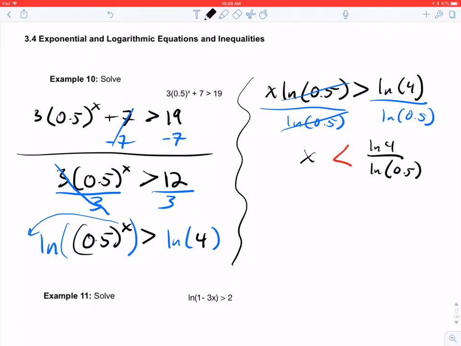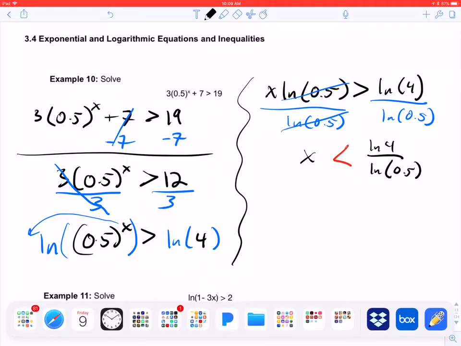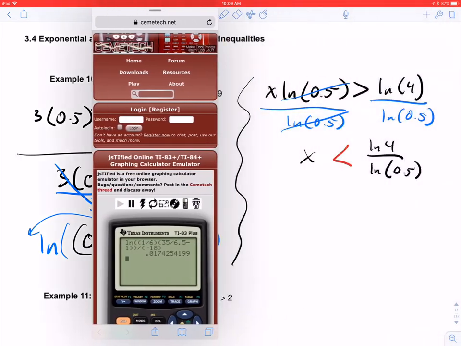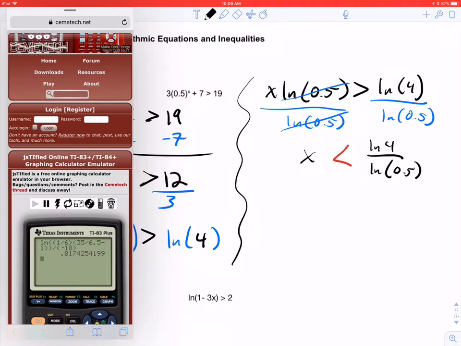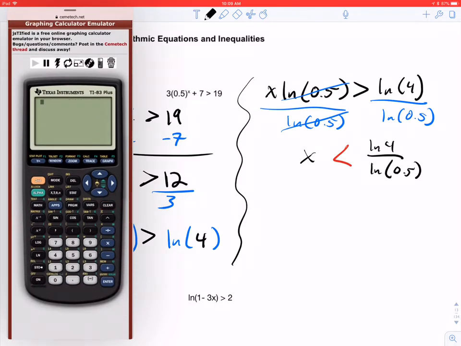And then that expression is, let's see it in the calculator. So if I clear, I have the natural log of 4 divided by the natural log of 0.5.